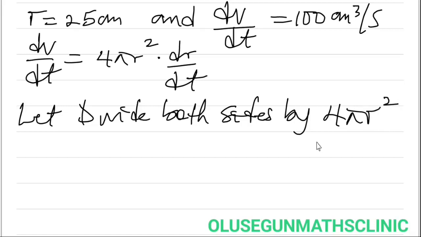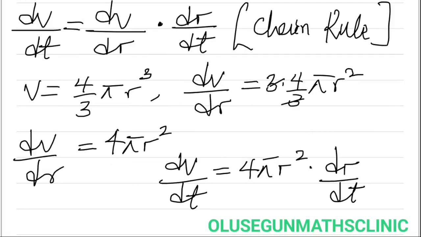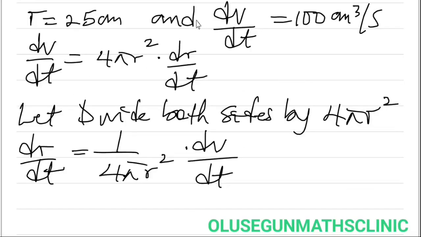In dividing both sides by 4πr², dr/dt will now give us 1 over 4πr² times dV/dt. That just means that dV/dt is 100 centimeter cube per second.